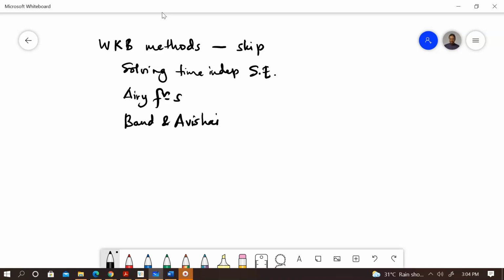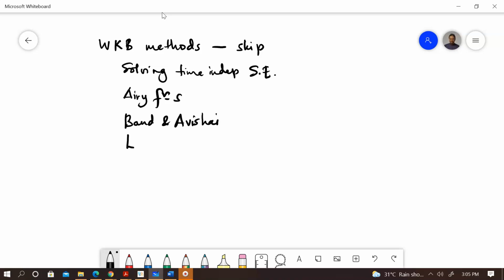So they have a small section on, I can't remember precisely which chapter, chapter 4 or something, on approximation methods. The second section is basically on WKB methods. And this is quite brief.